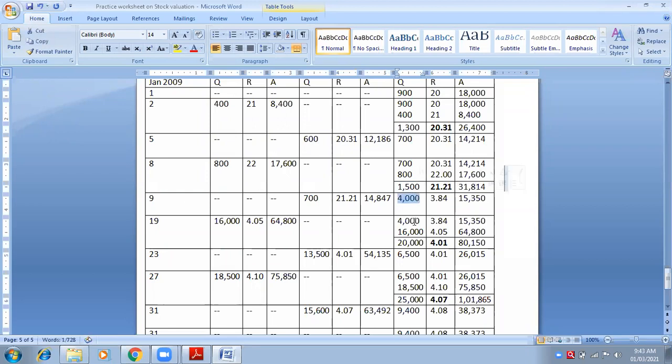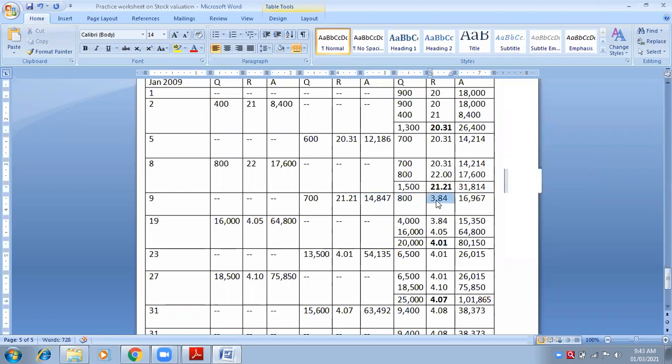Okay. How much will be left? 1,500 minus 700. 800. And the amount: 31,814 minus 14,847. 16,967. How did you find out? 31,814 minus 14,847, the balancing figure, 16,967. 16,967 has to be divided by the number of units, 800.